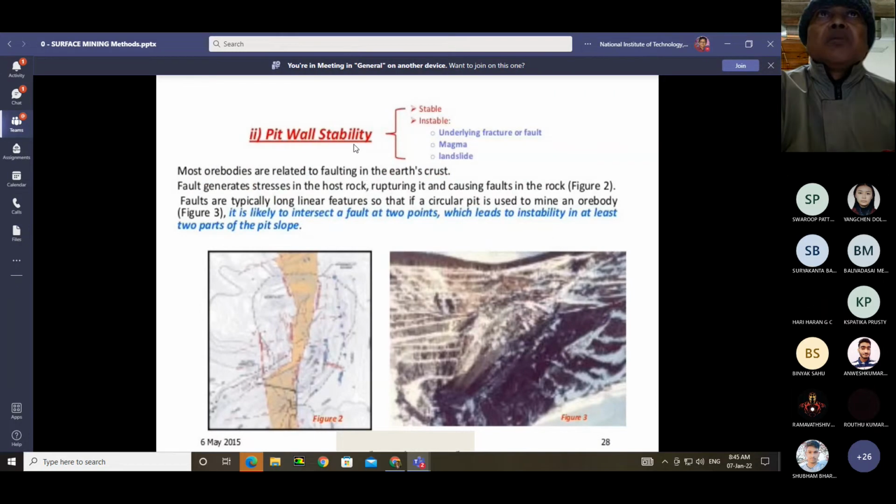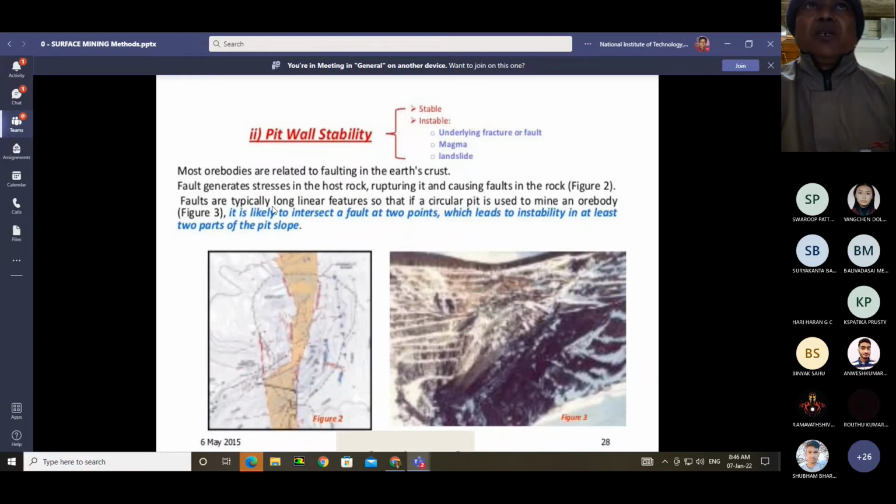So these are the pit wall stability, stable slope, unstable slope. Underlying fracture or fault planes may be there, magma may be there, landslides may be there. Most ore bodies are related to faulting. Fault planes may be there in the earth crust. Fault generates stresses in the host rock, rupturing it and causing faults in the rock.